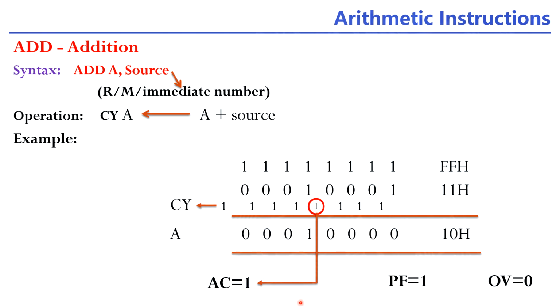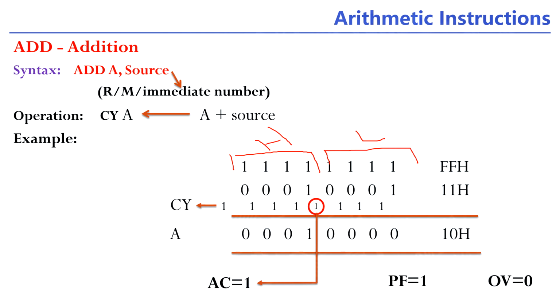This is the 4 digit, this is the 4 digit, right? Total 8 digit. But this is the lower nibble, and this is the higher nibble; we can distribute it in this form, right?